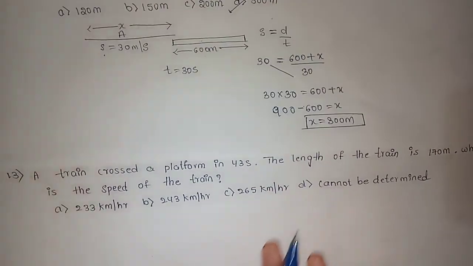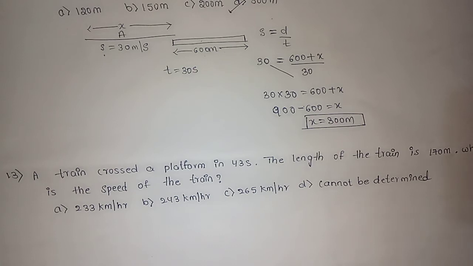13th question. A train crossed a platform in 43 seconds. The length of the train is 170 meter. What is the speed of the train? Option A 233 km per hour, option B 243 km per hour, option C 265 km per hour, option D cannot be determined.